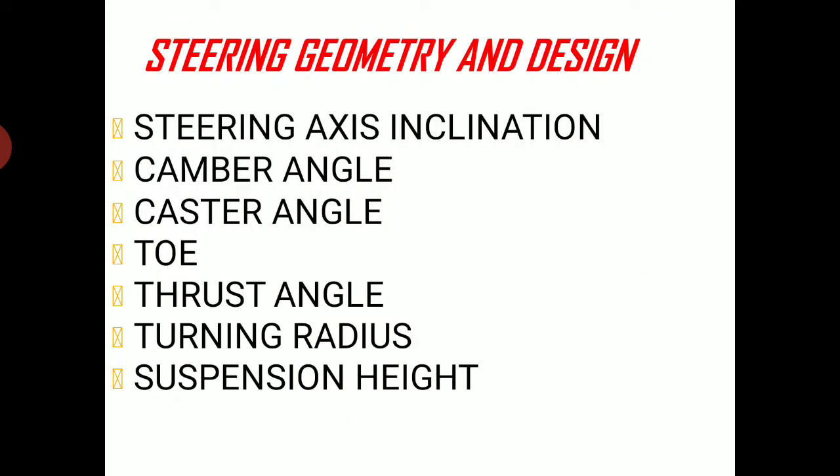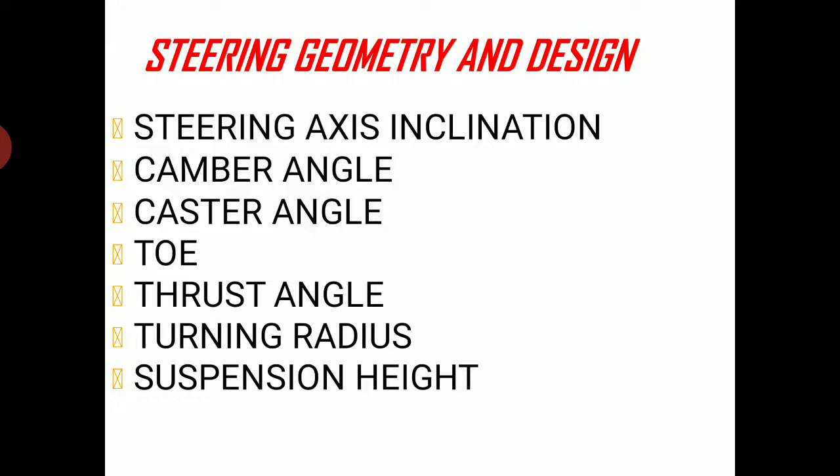After knowing the different linkages, we shall see the steering geometry. We must know this in order to run smoothly while moving on the road, to provide directional stability, reduce wear to a minimum, and give easy steering and smooth operation.